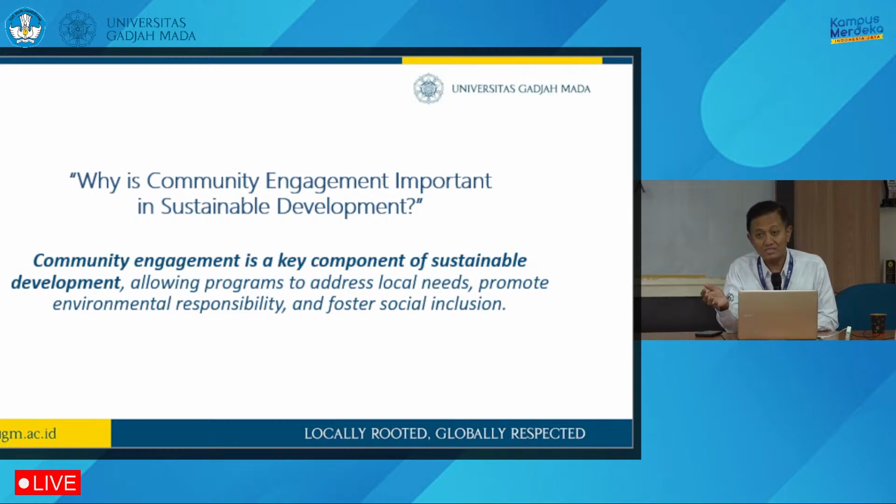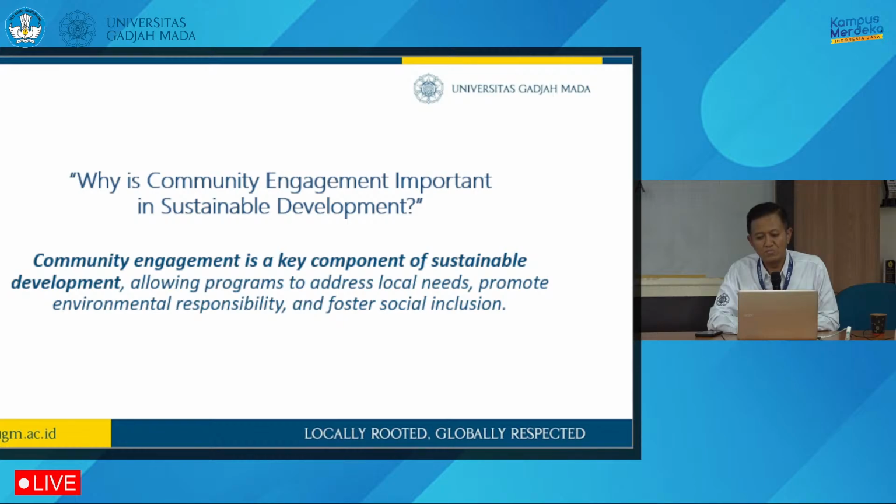So I think achieving the SDGs will be easier compared with working with our community. So this is a good point, because we are talking about the SDGs not only inside the campus, but also globally, outside, and of course our community.